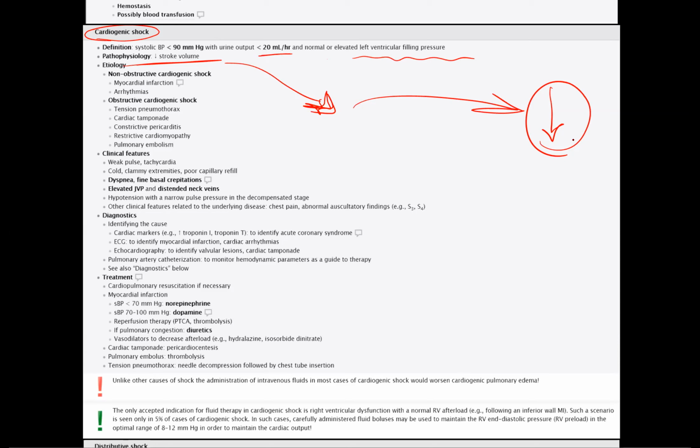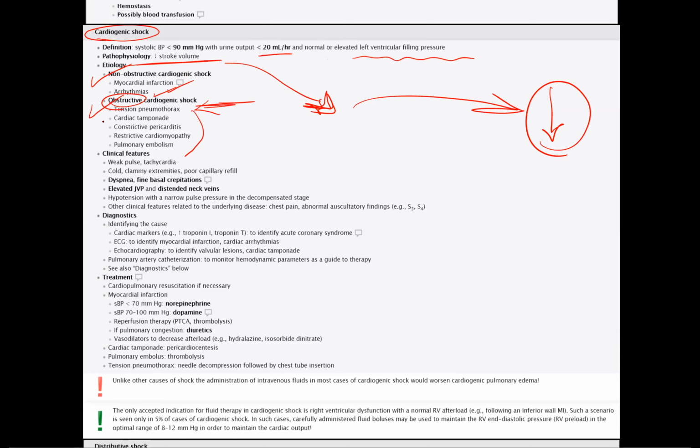Okay, we have non-obstructive cardiogenic shock and obstructive cardiogenic shock. Non-obstructive like MI and cardiac arrhythmias, and obstructive cardiogenic shock, the same reasons as obstructive shock.